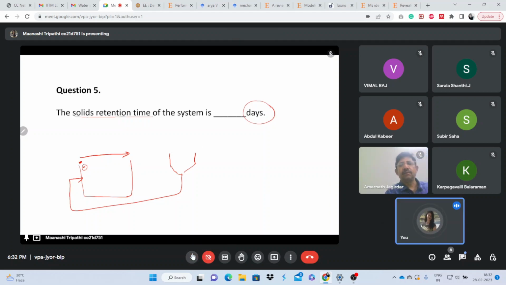Please take care of the units, and the formula is a little big, so try to solve properly. Use calculators.